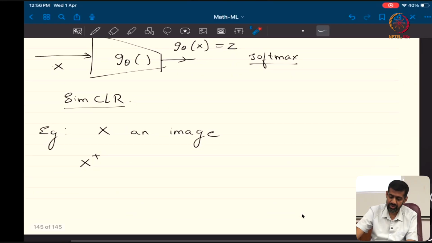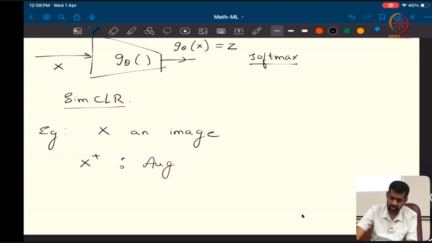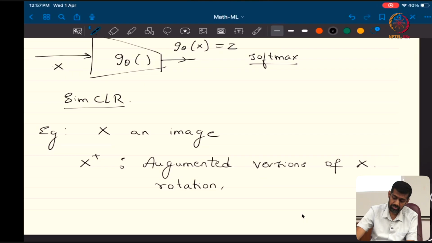Now, if x is an image, x plus is taken to be the augmented versions of x, which can be rotation, decoloring, etc. It can be anything.